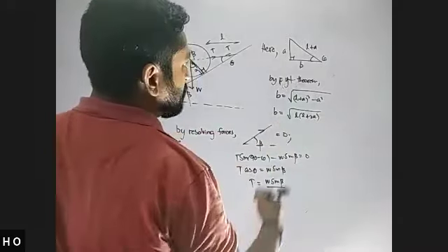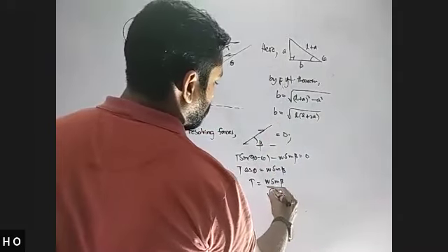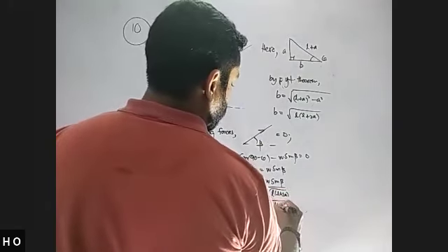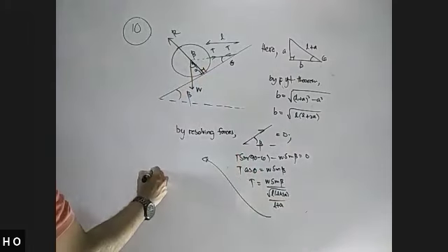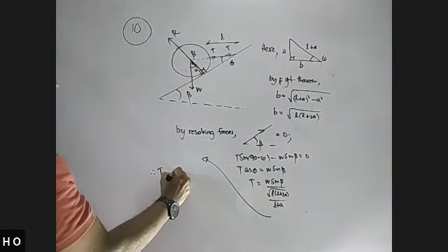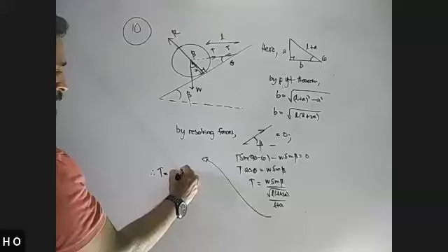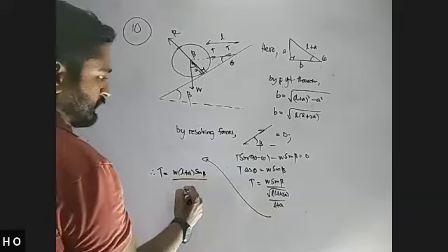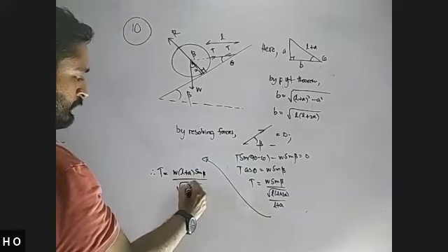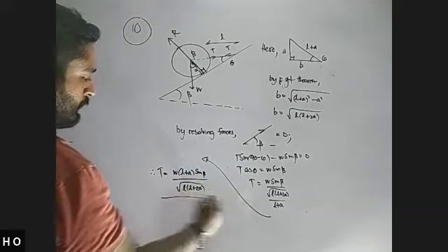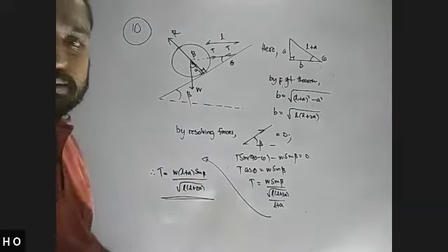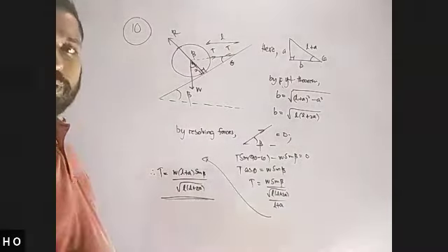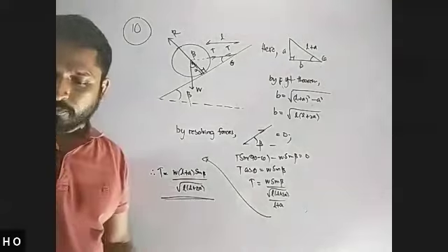B over L plus A. So square root of L into (L plus 2A) over L plus A. Therefore, T equals W into (L plus A) sin beta over square root of L into (L plus 2A). That is the answer for the tension. Determine the tension of the string. They haven't given any unit, so that is it for the tension.